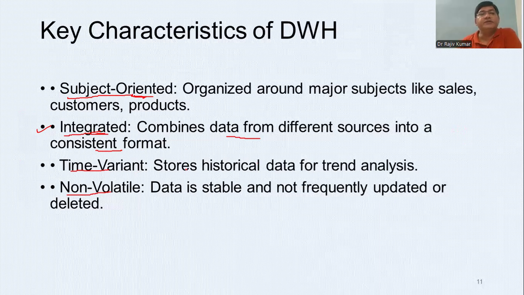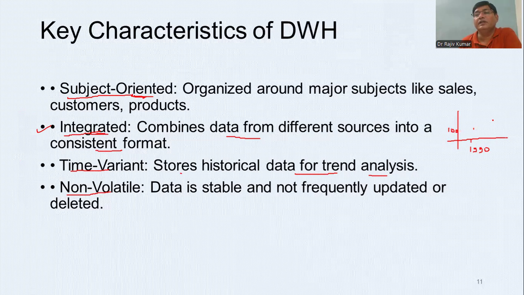Time variant. Time variant means it stores historical data for trend analysis. Suppose you have rainfall data. Suppose in 1990, there was some rainfall, like it may be 100.